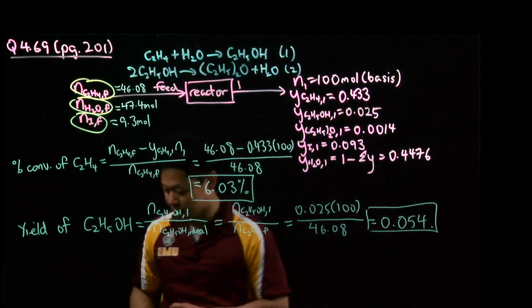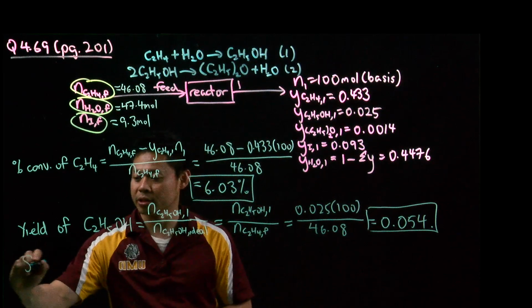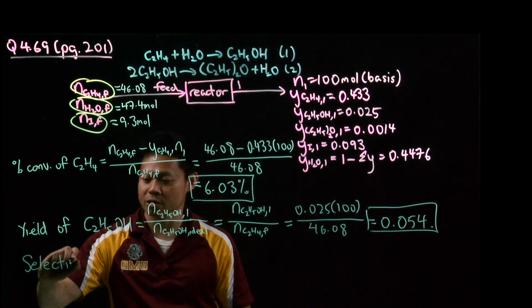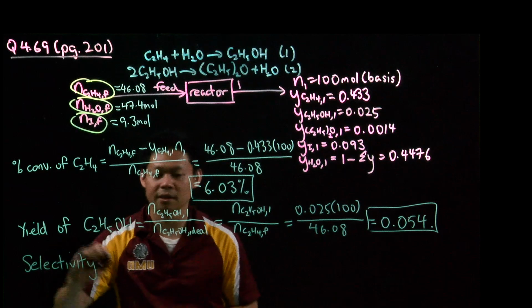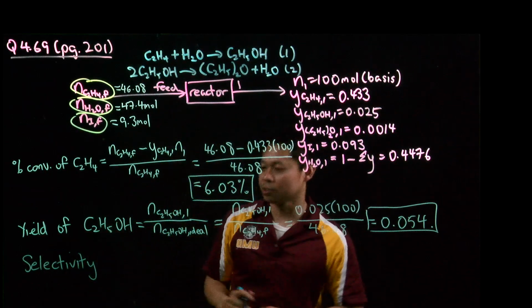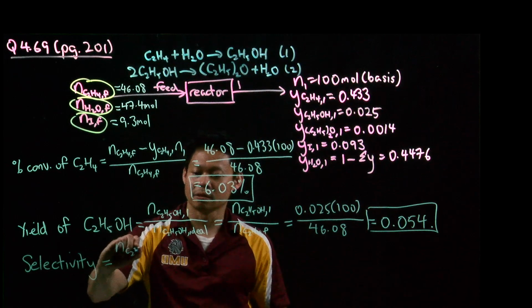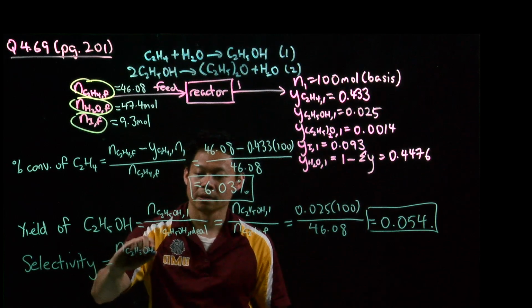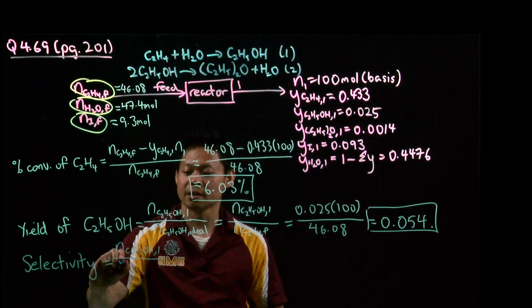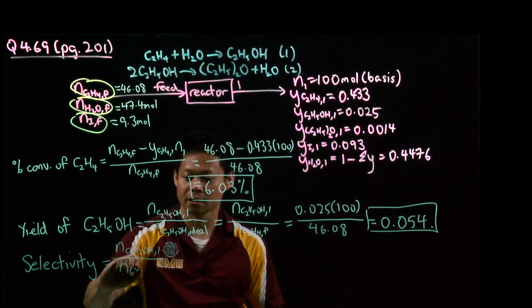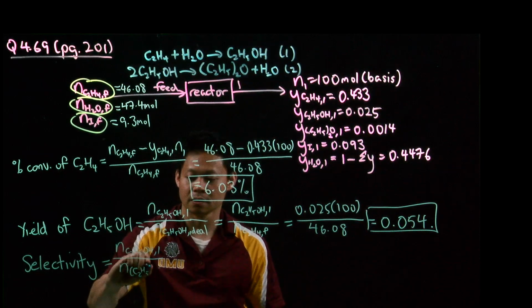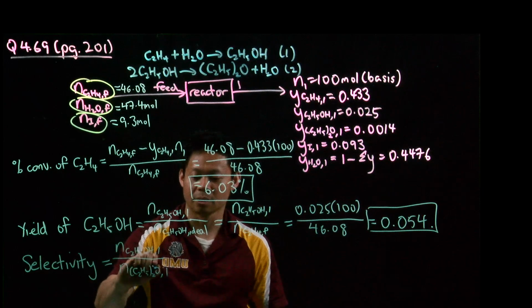All right, the last one is selectivity. Selectivity is generally the easiest specification to understand. All selectivity is the ratio of your desired product over your undesired product. So our desired product is our ethanol in the product stream. Our undesired product is our ether in our product stream.